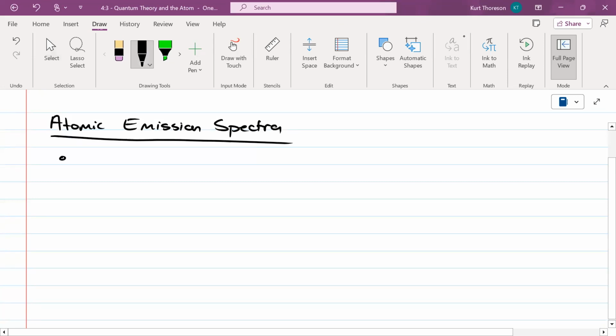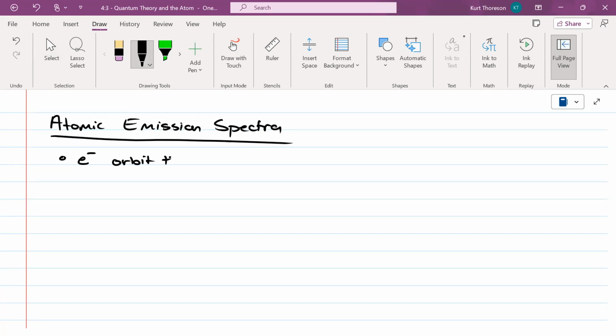Here's a few things we've already known. Electrons orbit the nucleus of an atom. No surprise there. See if you guys can fill in the blank.